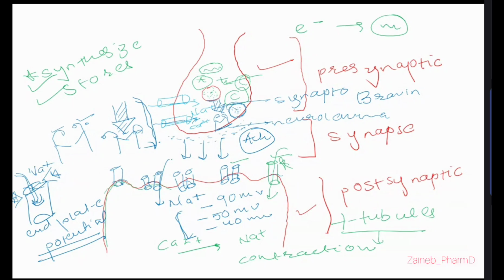Now once the acetylcholine action is completed, it is taken up by an enzyme known as acetylcholinesterase. These enzymes digest the acetylcholine after the completion of the function. Now this entire process is known as neuromuscular junction transmission.